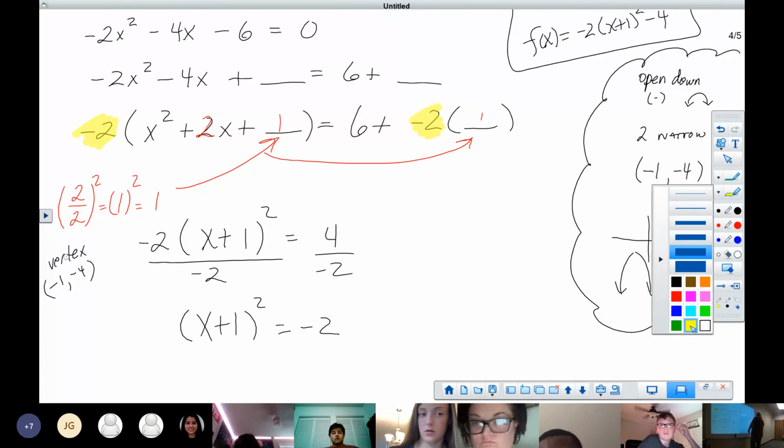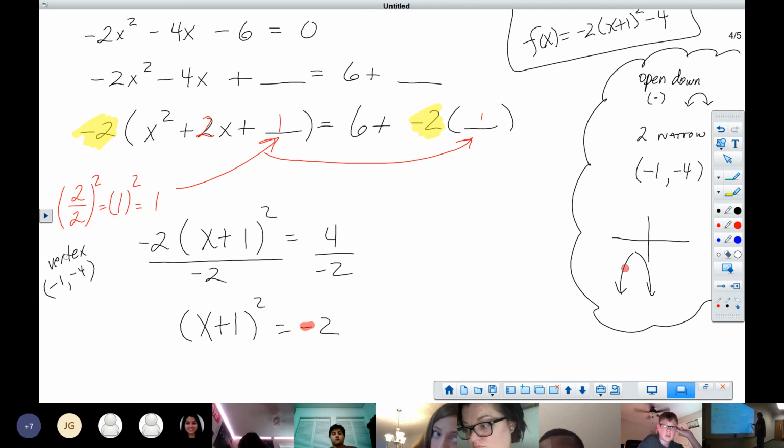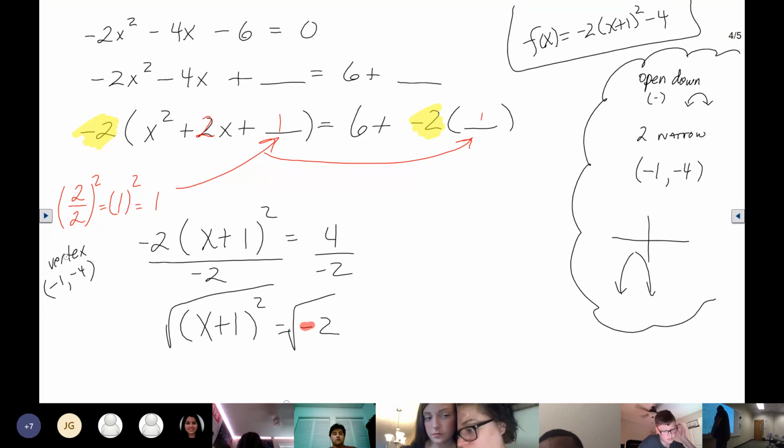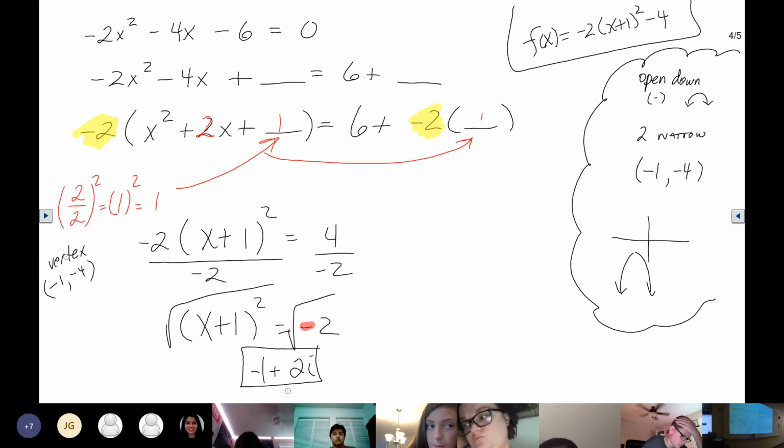So I'm going to highlight that negative kind of in red. That tells you right there there's no x-intercepts, and that's true. See, there's no x-intercepts. So take the square root, you're going to get 2i right there. So negative 1 plus 2i is your exact answer. I ran out of room, so I kind of skipped a couple of steps.